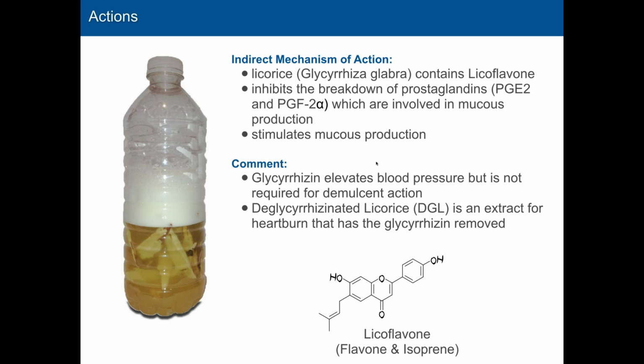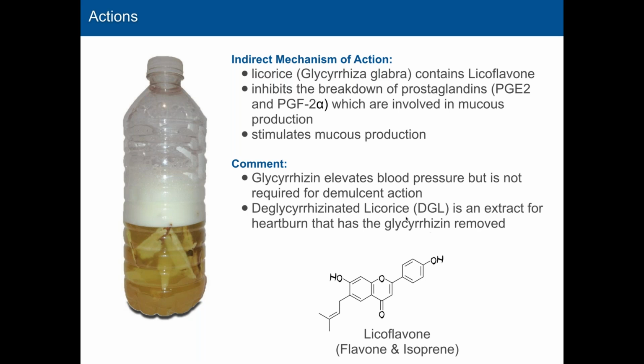Okay. As an aside, if you look at this licorice on the left-hand side, the glycyrrhizin, which is a saponin that makes all this nice frothy soap-like stuff, that elevates blood pressure and is not required to have that demulcent action. So the deglycyrrhizinated licorice, DGL, can be purchased as a capsule and given to people with stomach ulcers or heartburn.